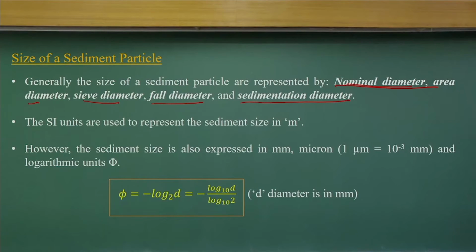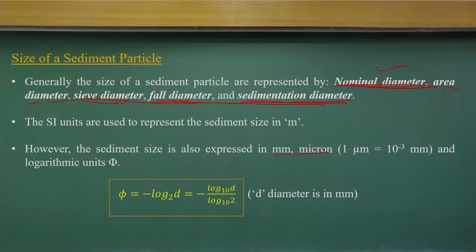Looking at that, we define the sediment with five different diameters: nominal diameter, area diameter, sieve diameter, fall diameter, and sedimentation diameter. And most of the time we don't define the sediment only in terms of millimeters or micrometers, but also in a logarithmic unit of phi, which is given here.